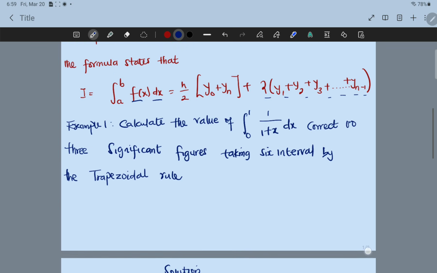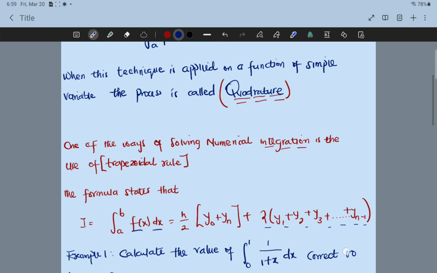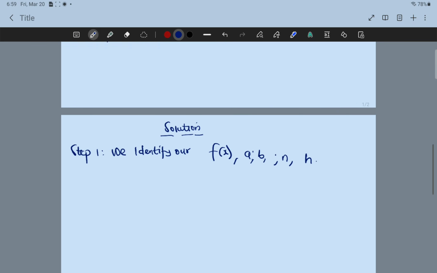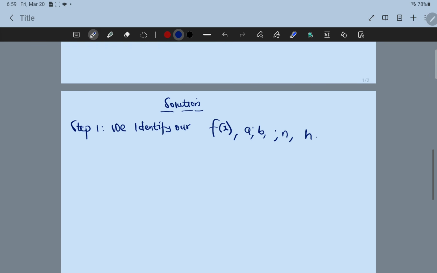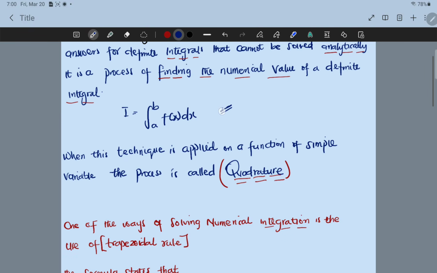From the question, remember in the trapezoidal rule, we said that, so let's compare. By comparing, I is equal to the integral from a to b of f of x dx, right? From this particular statement.